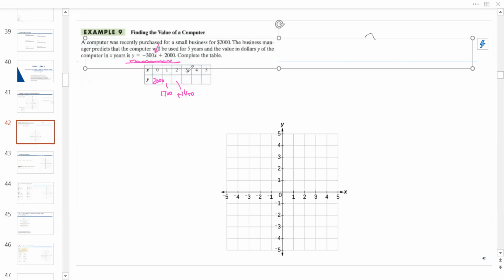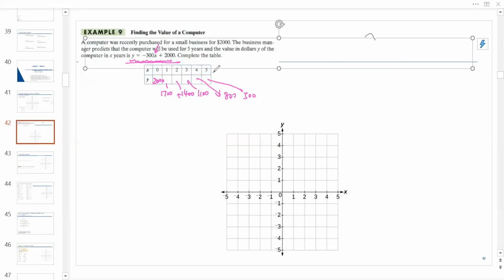So after 3 years, you lost 900, so you got 1,100 here, right? If you got a 4, you will be 800, right? If 5 years later, only $500 value left. So you can graph this one.